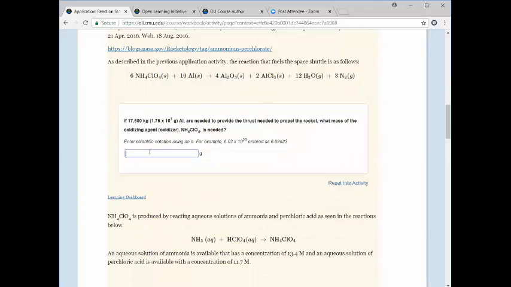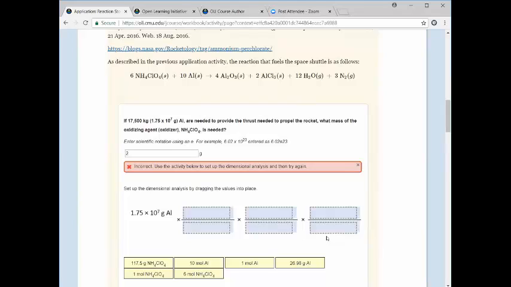If they have the incorrect answer, for many of these problems, not every one, but for many of them, they get some additional help in the form of additional questions to answer the problem. So your feedback says, use the activity below. It's going to help you set up the dimensional analysis and then try again.